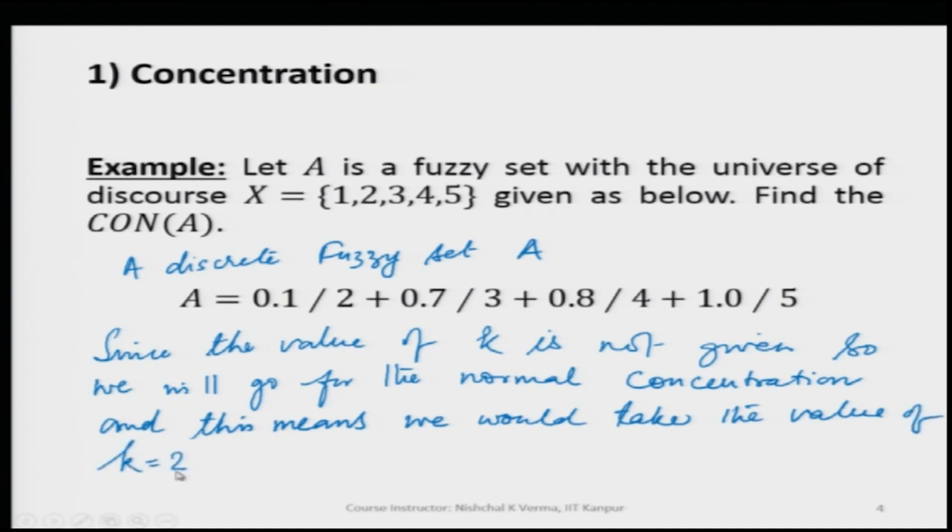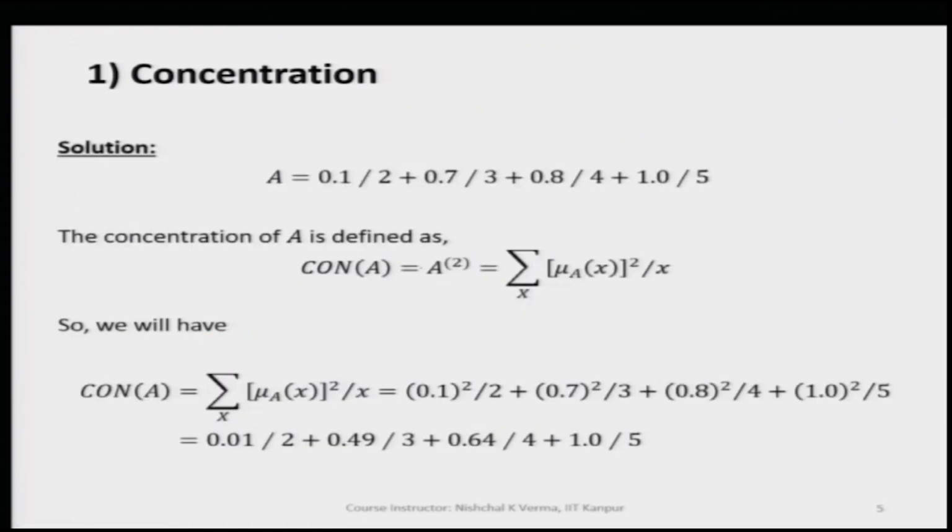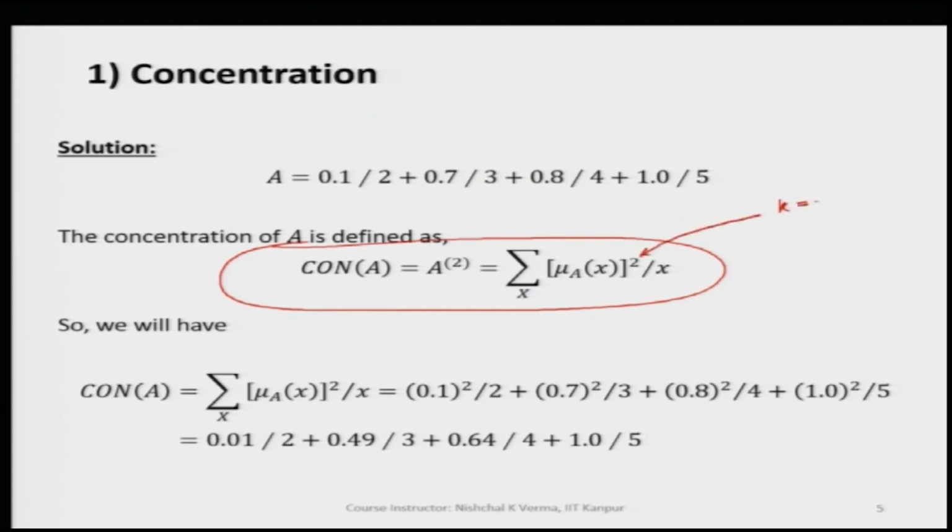When we do this, the concentration of a discrete fuzzy set A can be written as this equation: A raised to the power 2 equals the summation over the universe of discourse X of mu A of x raised to the power 2. So K comes here, K is equal to 2, and the membership values of this discrete fuzzy set will get squared. We write the symbol of concentration as CON.